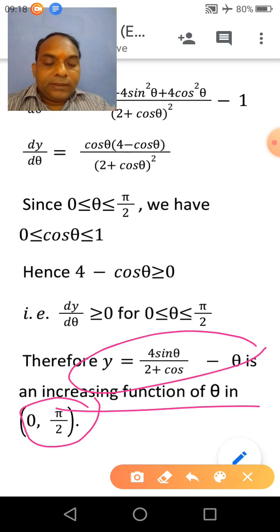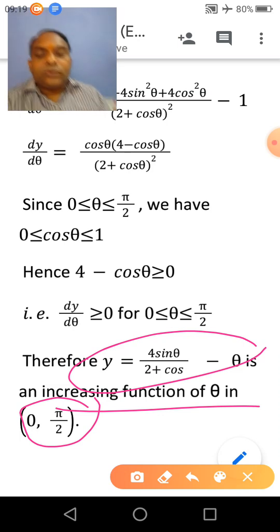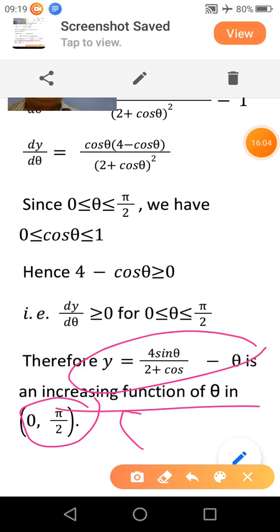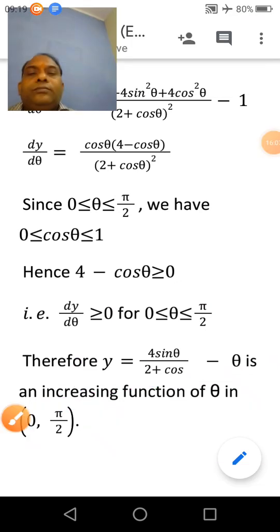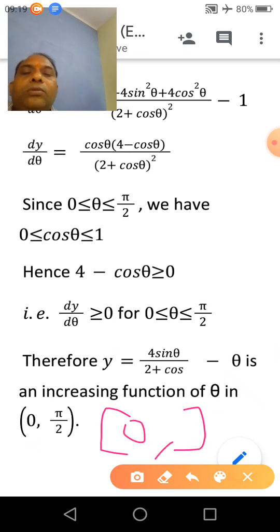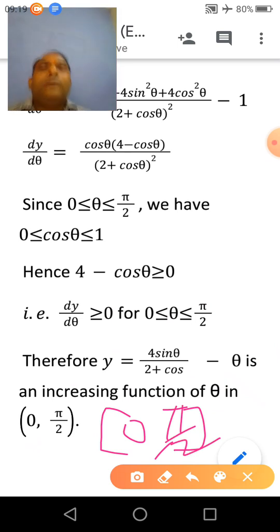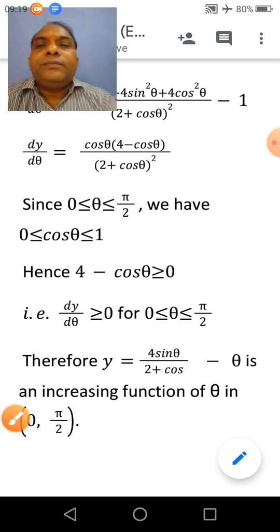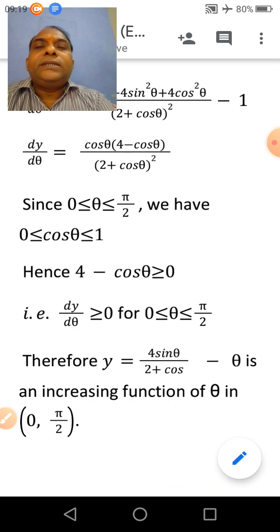So the function is also increasing on the closed interval 0 to pi by 2. Clear, students? So now you have to solve the questions of exercise 6.2. Okay, students? Thank you.